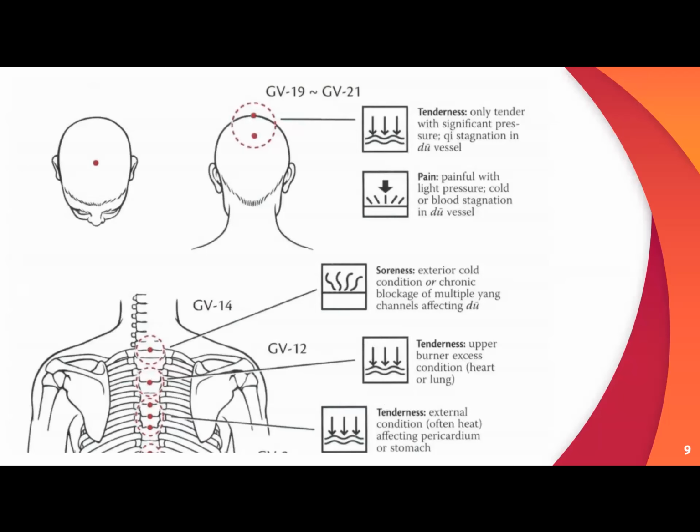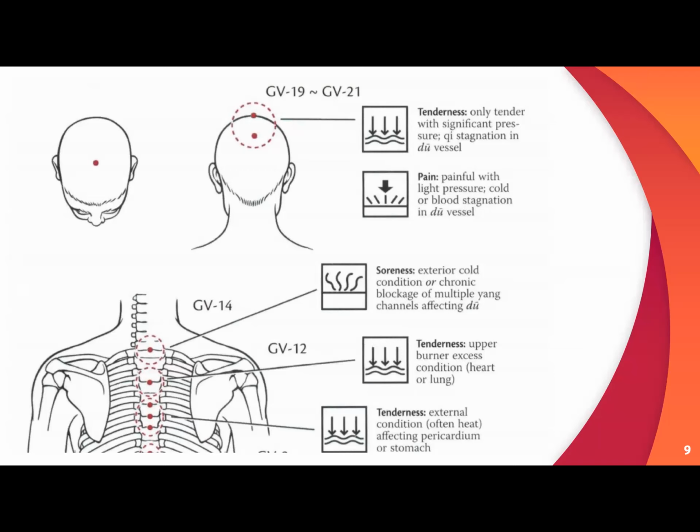So here, if we have tenderness around GV19 to GV21, where it's only tender with significant pressure, this could mean qi stagnation in the Du vessel.